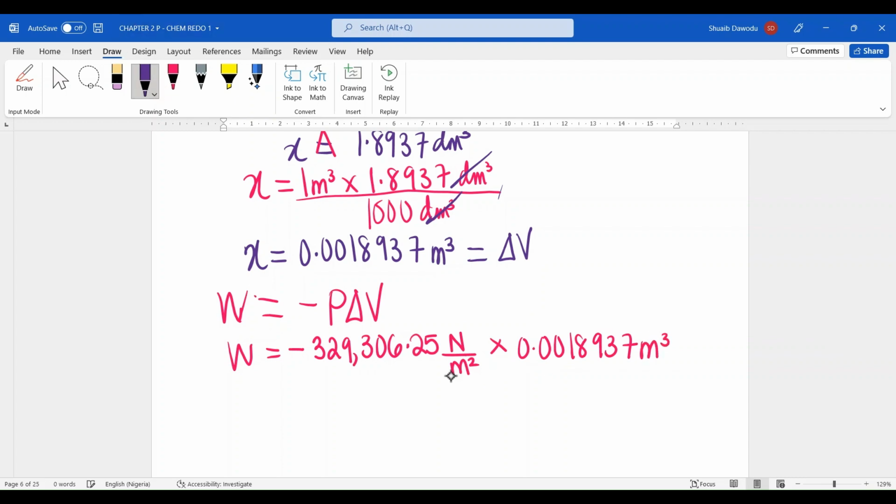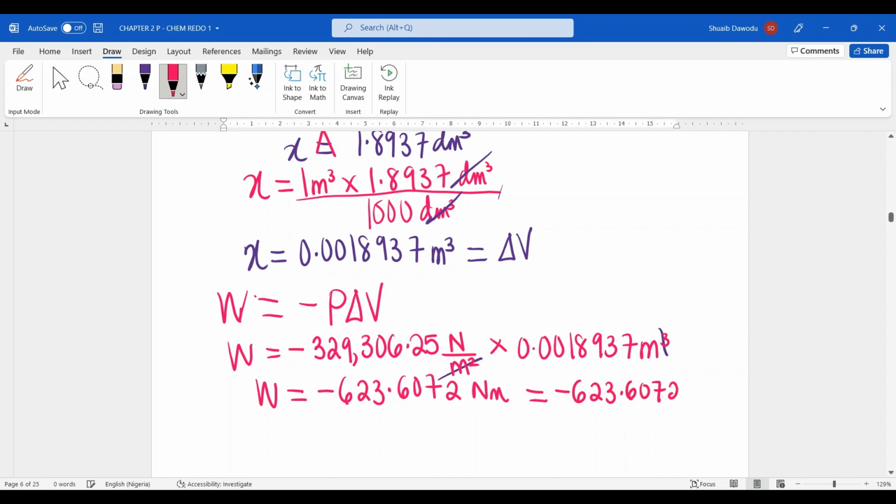So cancel out meter squared, remove the cube. So W is equal to negative 329,306.25 times 0.001893. So work done is simply going to be negative 623.607 Newton meter, which is basically joules. So also negative 623.6072 joules. That is basically the work done.